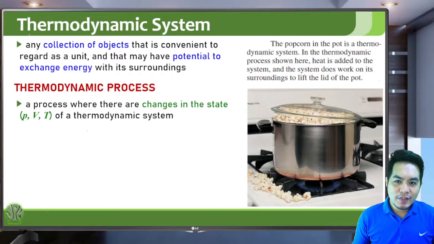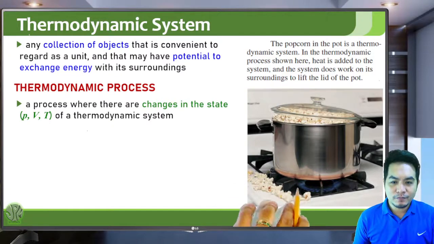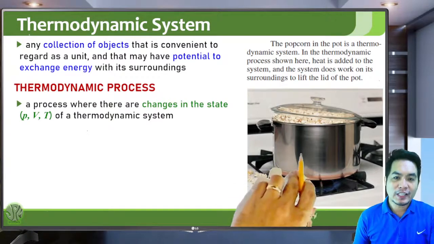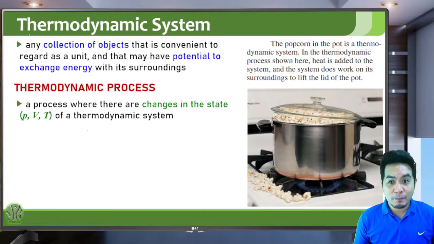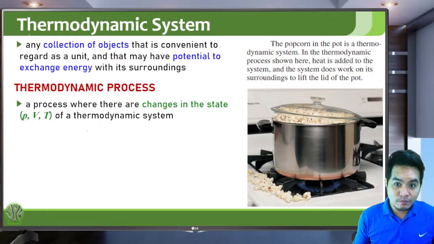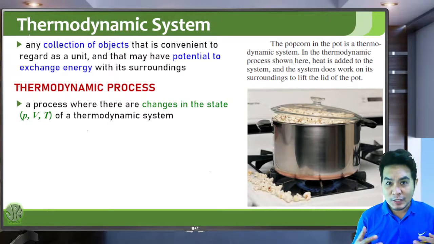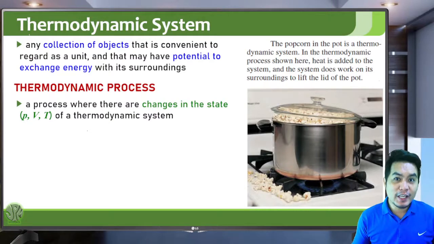Now, in the thermodynamic process shown here, heat is added to the system. So you have heat heating the pot, and in turn, it heats the popcorn. And because of that, the system, which is the popcorn, does work on the surroundings. The surroundings can mean any object in contact with your system. So it does work on the pot, in this case, to lift the lid of the pot.